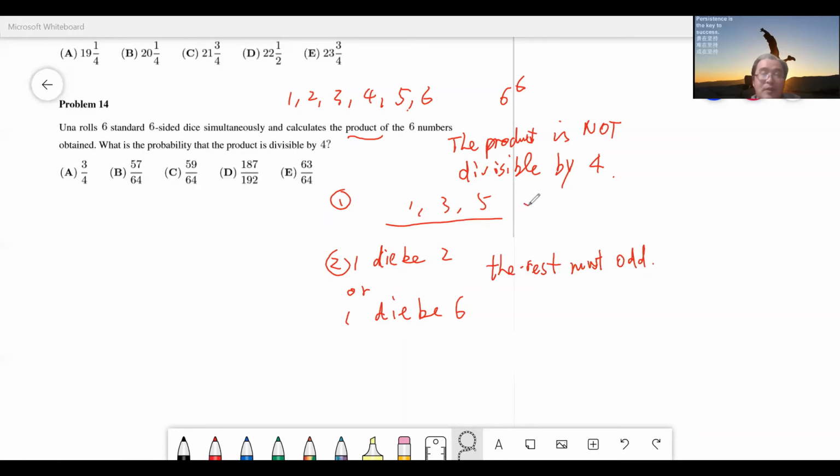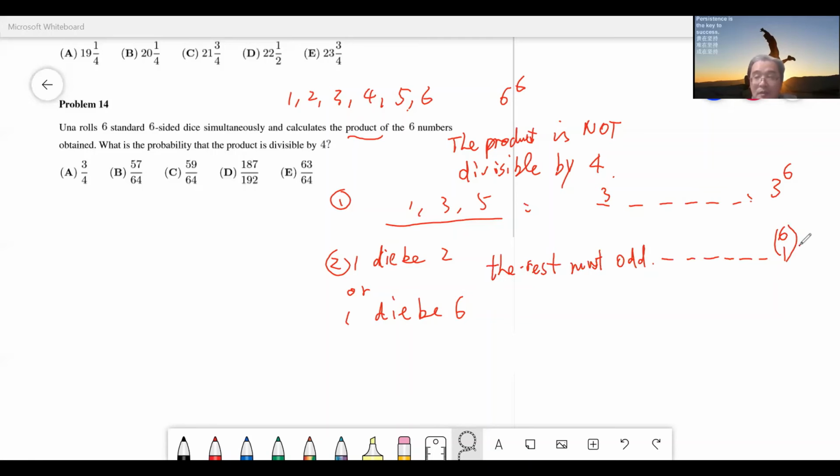So look at this one. We have 6 dice: 1, 2, 3, 4, 5, 6. Each one has 3 options. So this tells us there are going to be 3 to the power 6 different ways. If you look at one die being 2, the others must be odd. Out of these 6 dice, 1 is 2, so that's 6 choose 1.